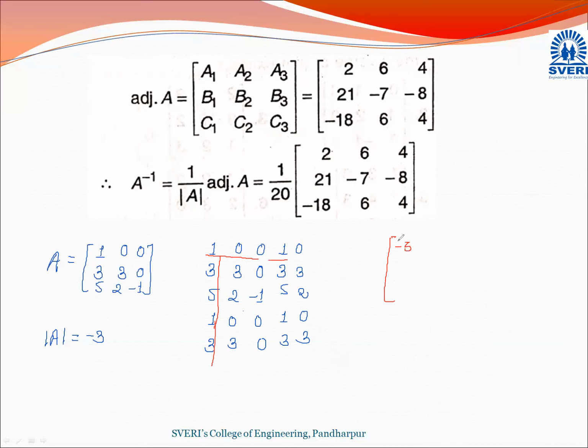The next, 2 into 0, 2 into 0, and minus 1 into 0. So it is 0. The next, 0 into 0, 3 into 0. It will be the third element. Then after that, going for second row. Consider that the next.